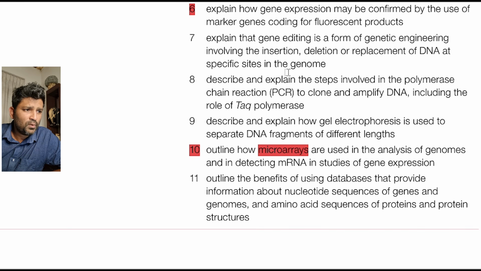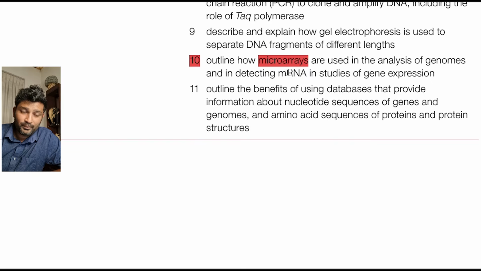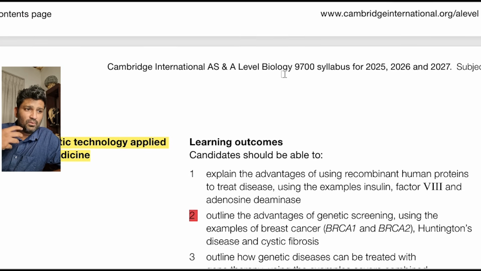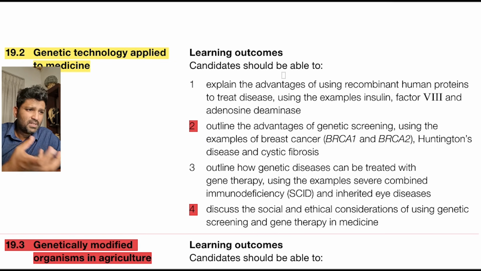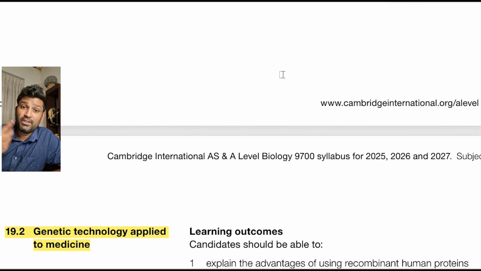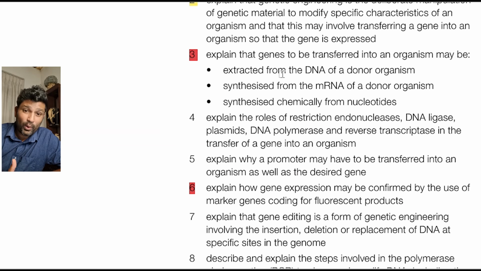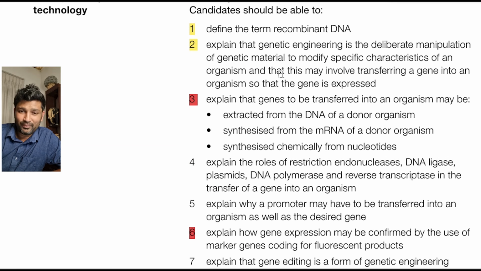One of the other things that you would want to know is the process of genetic engineering, because one of the things that was asked very recently is how to create the DNA or the genetic material that you require for genetic engineering. This is basically the same three that I've highlighted over here, but they have not asked a question about the vectors involved in the genetic engineering.